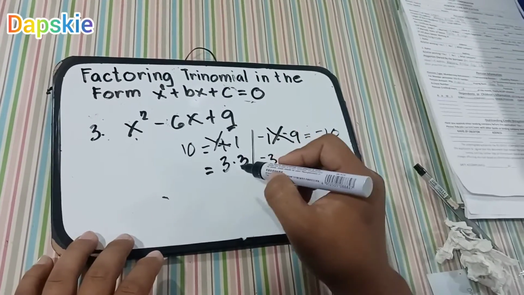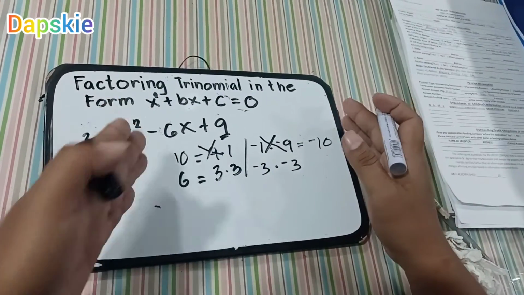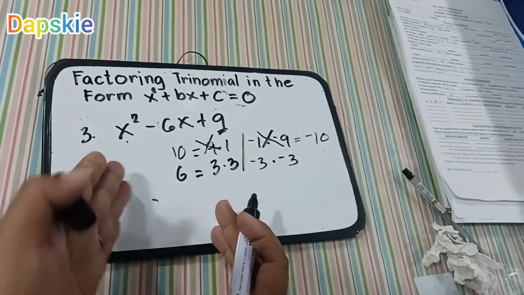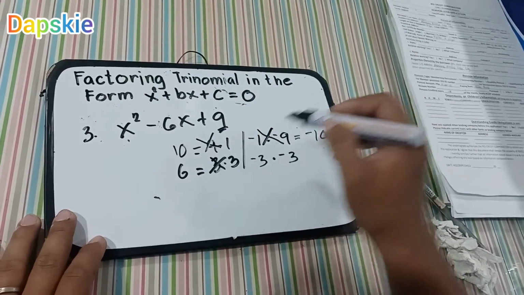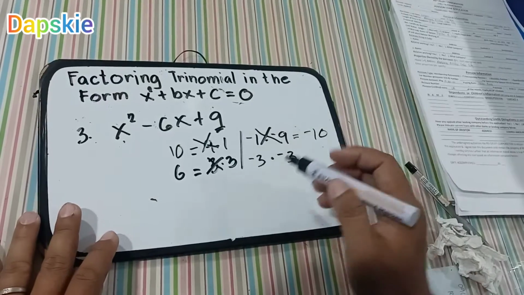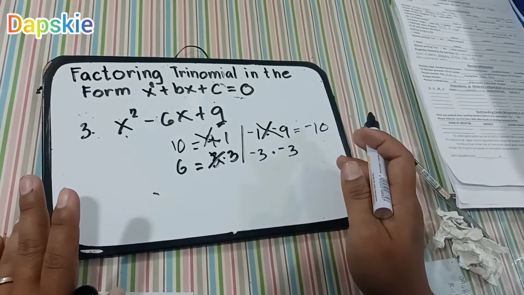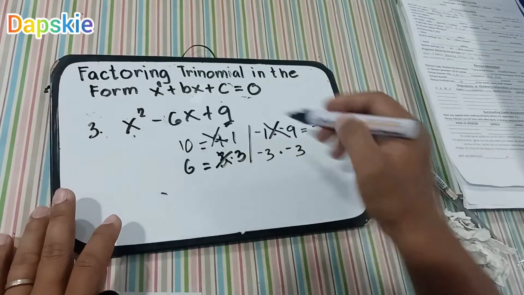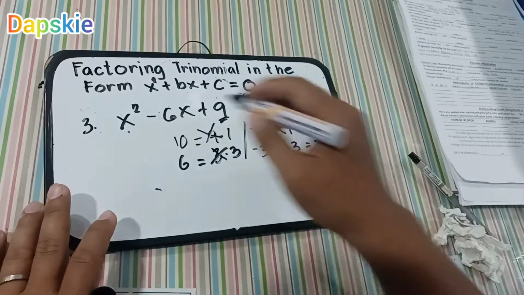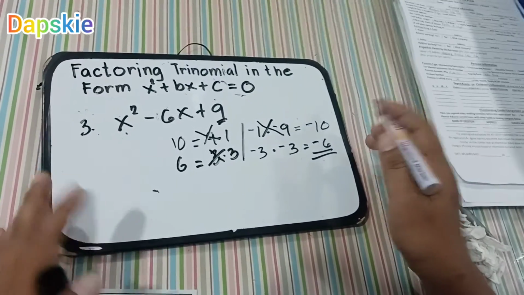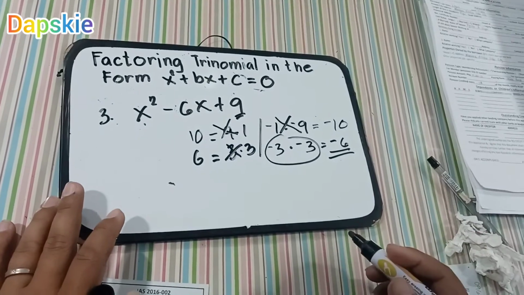How about 3 plus 3? It's 6, but the sign is different, so this is not our factor. How about negative 3 plus negative 3? Same sign, add, so it becomes negative 6. This equals the second term of the trinomial, so we use this factor.